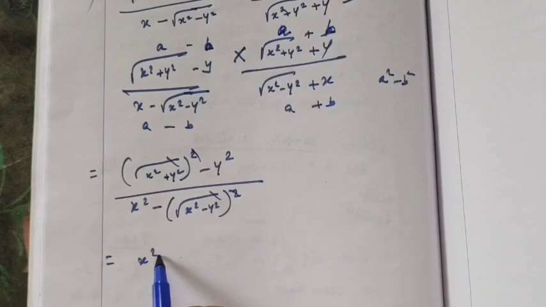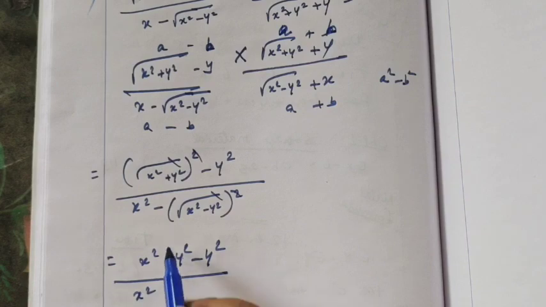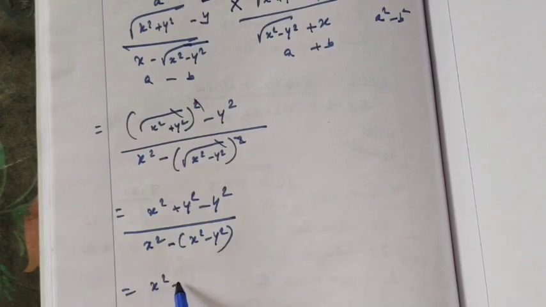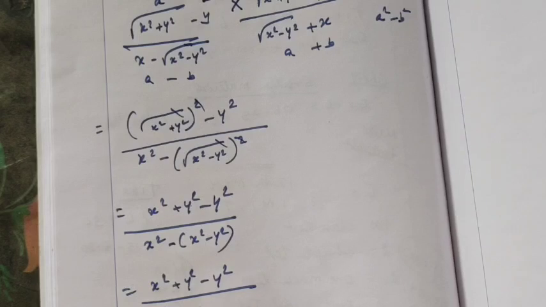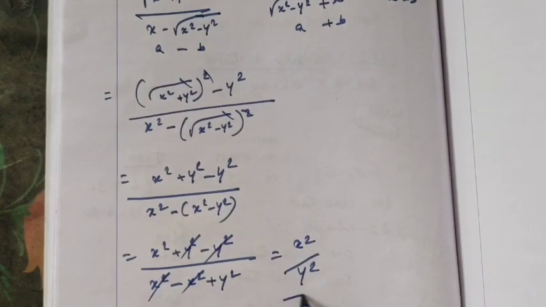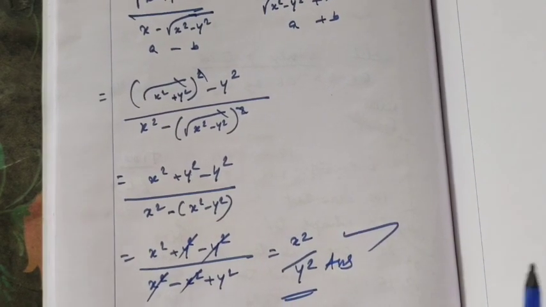So equal to x squared plus y squared minus y squared x squared, then one step we write it. Now take x squared plus y squared minus y squared, take minus inside, minus, then minus minus plus. So this cancels. So x squared by y squared. This is the answer for this.